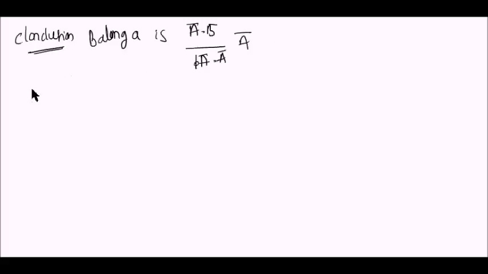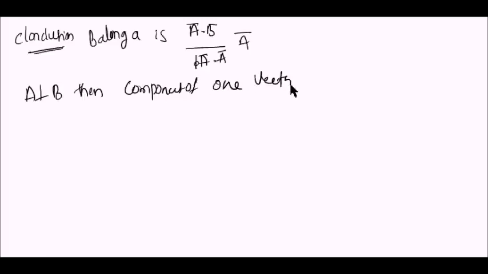And one more thing: if A bar is perpendicular to B bar, then the component of one vector in the direction of the other vector will be equal to 0.